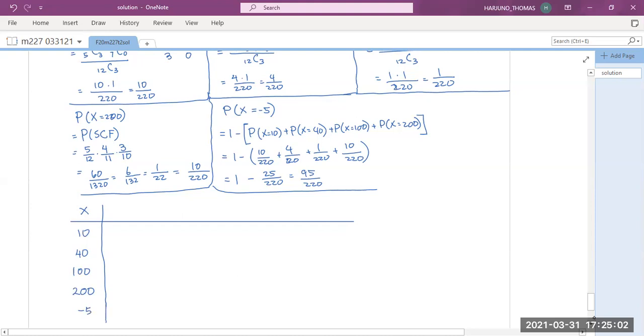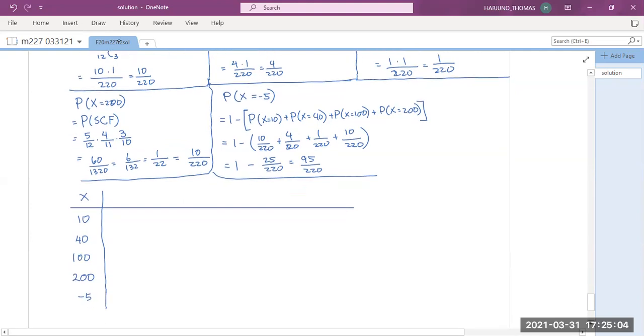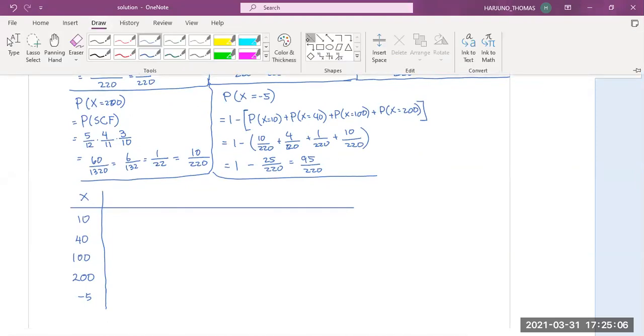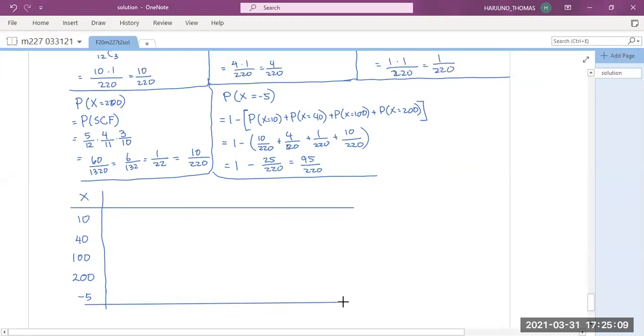Those are the possible outcomes. And the probability is 10 over 220, 4 over 220, 1 over 220, 10 over 220, and 95 over 220. The total is supposed to be 220 over 220, which is 1.